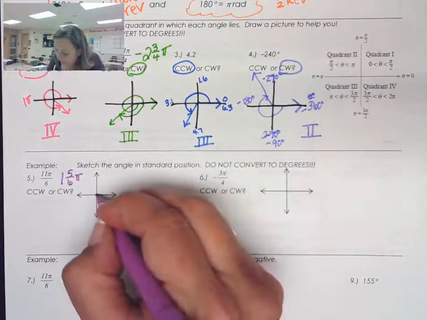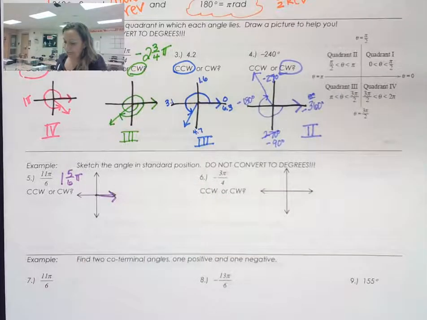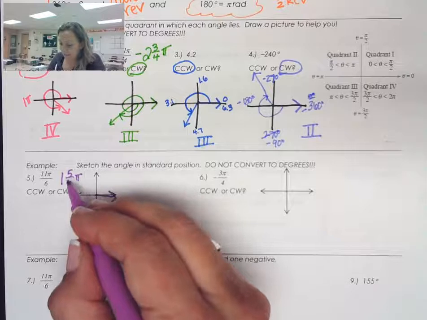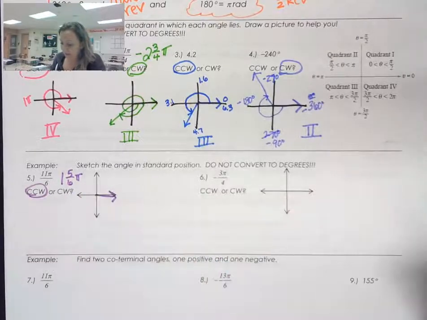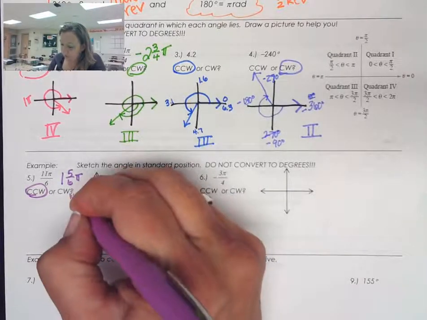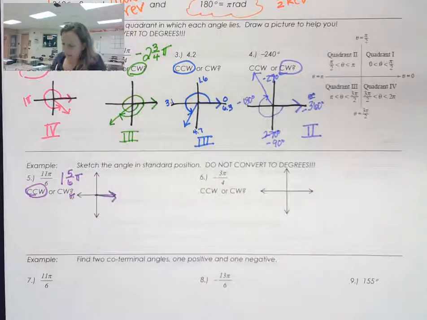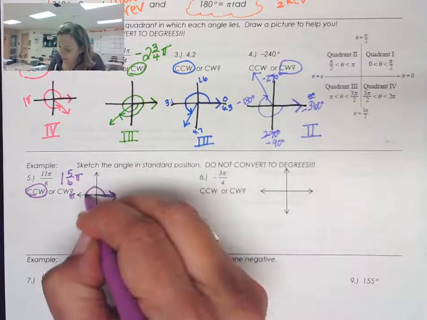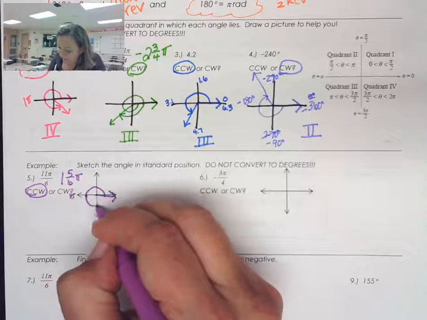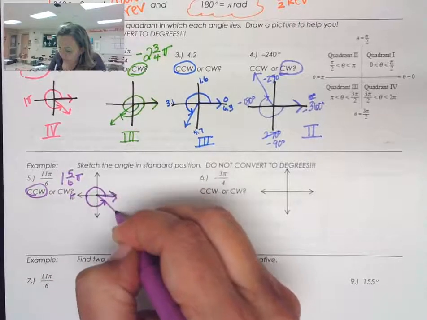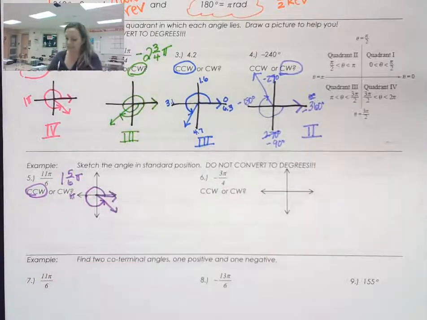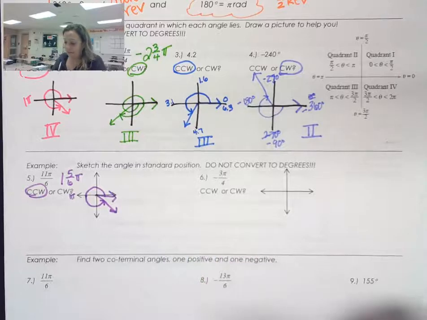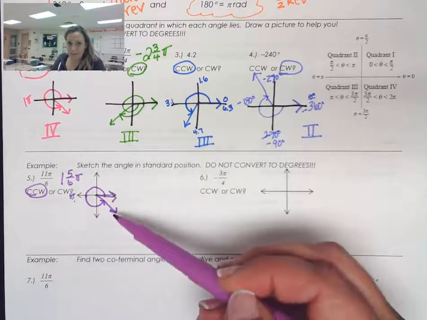And so what that means is that if I look at my initial side, I need to go in a positive direction, which is counterclockwise. Remember that over here is 1 pi. And so I need to go 1 and then 5/6 of the way around. So it's going to be pretty close to that axis there. But that is all we need there. That's just asking us for the angle in standard position. So that's your answer.